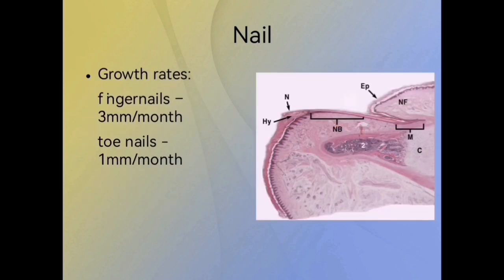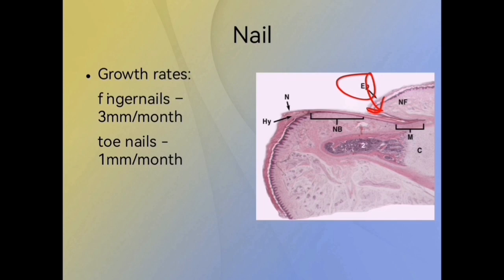In this histological structure of a nail, we have our eponychium at this region, where the stratum corneum of the skin becomes continuous with the nail plate.